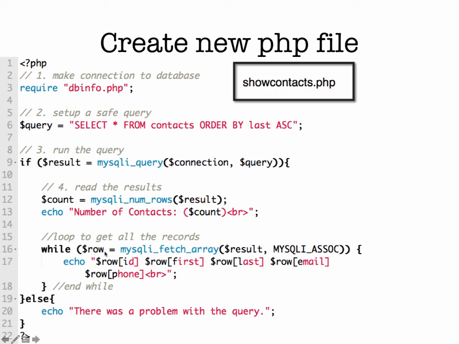We're creating a variable called row, and that's equal to the MySQL fetch array of result, and we'll use the MySQL associative value in here. Then here we're just going to echo or print out the value from the ID field, the first name field, and the last name field.